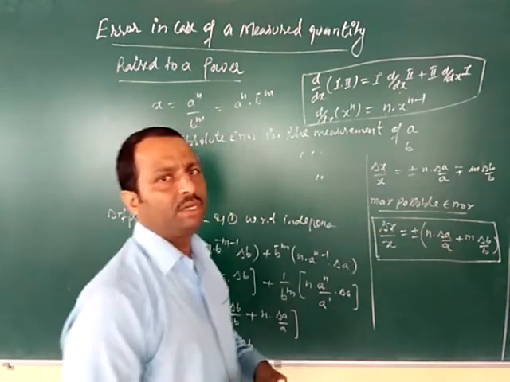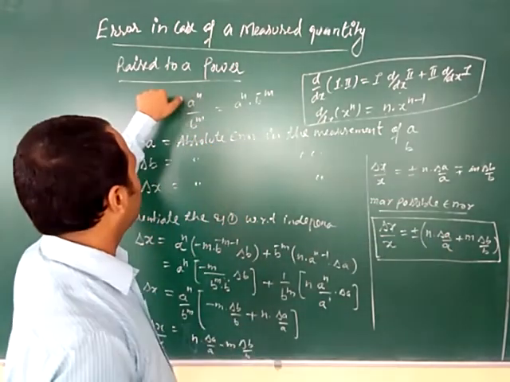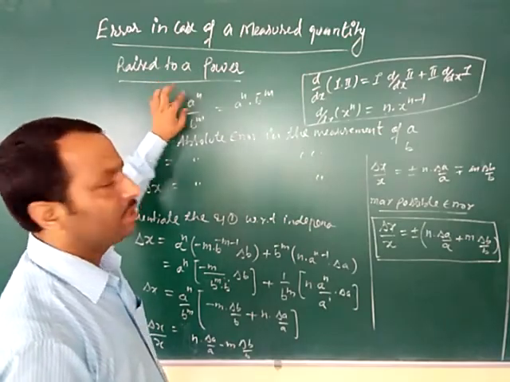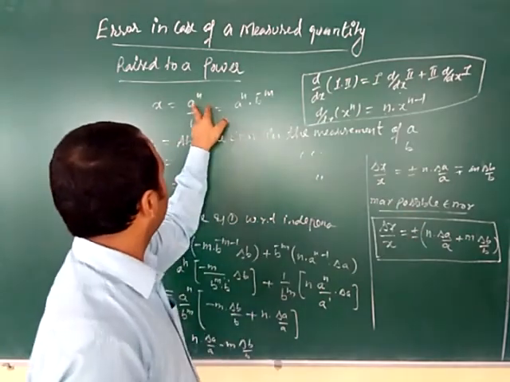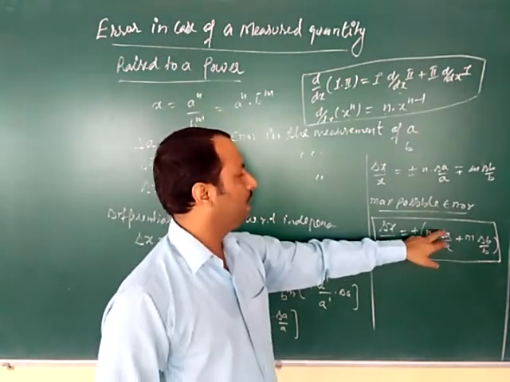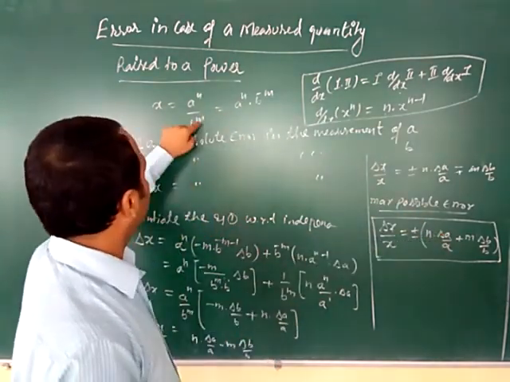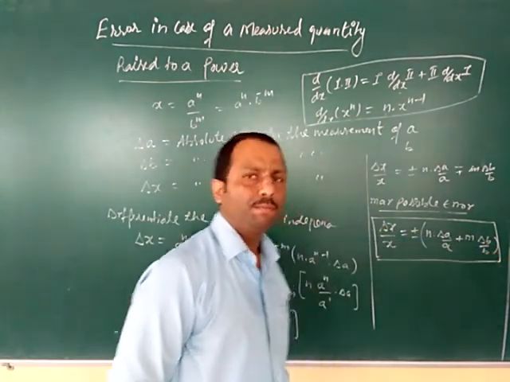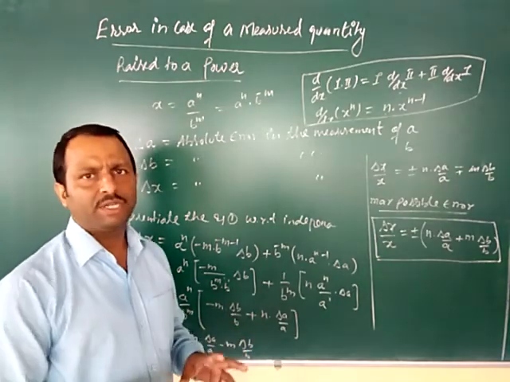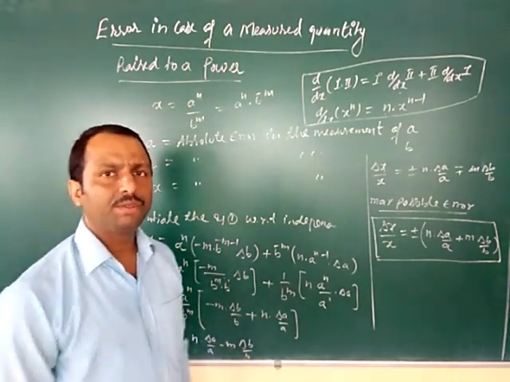Whenever we are calculating the fractional error, this power will come in front along with the sign. See, a to the power n. So here what we are writing, n delta a upon a plus m delta b upon b. So this we will understand through a numerical. Okay, thank you.